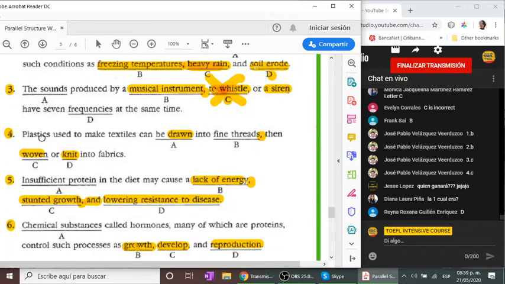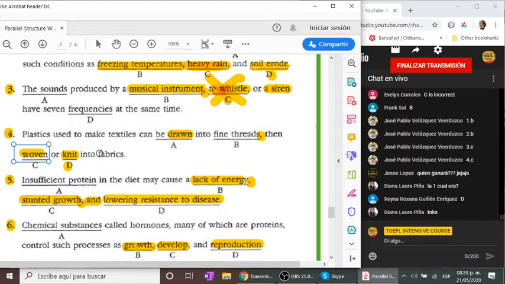Plastics used to make textiles can be drawn into fine threads, then woven or knit into fabrics. D needs to go. Woven into fabrics. Knit is extra. Either you wove them or you knit them. Same thing.